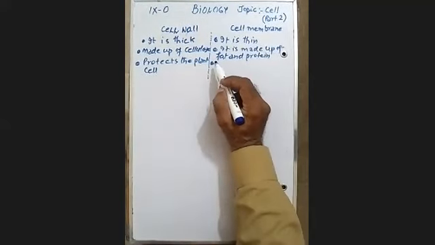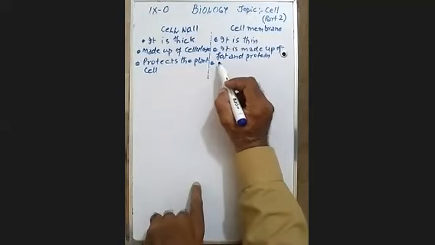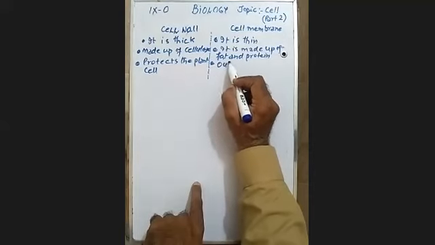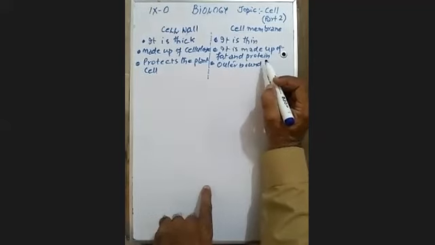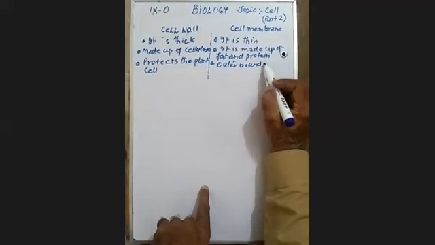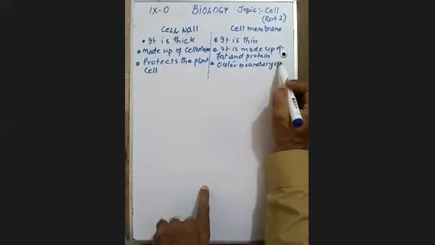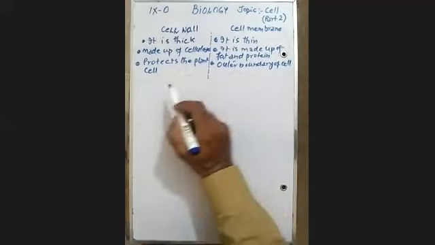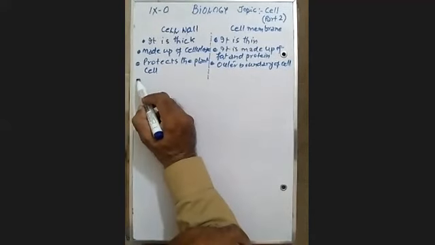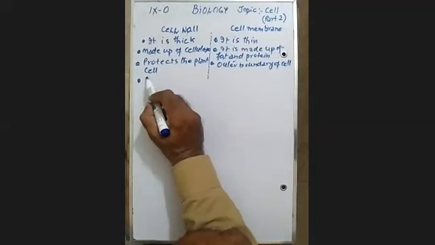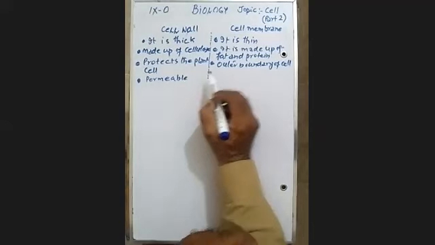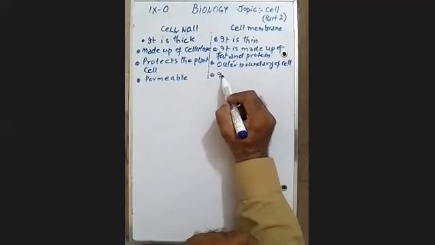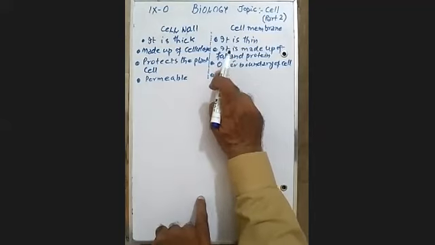Third point, the cell membrane is the outer boundary of a cell. Next point: the cell wall is permeable, meaning all things can pass through it. And the cell membrane is partially permeable.